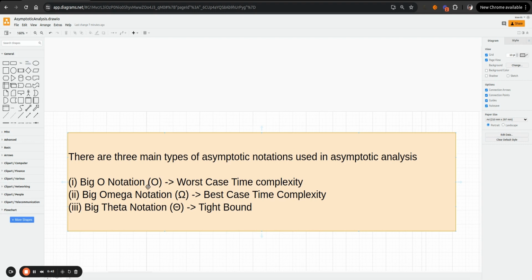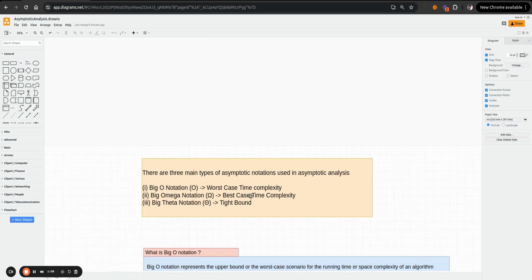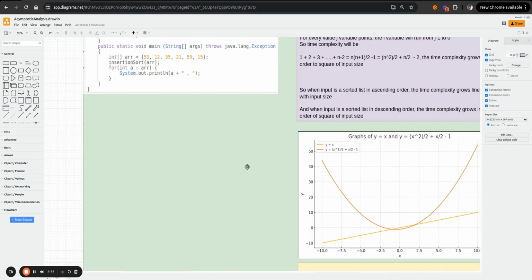One is big O notation, which refers to worst case time complexity, and there is big omega notation, which refers to the best case time complexity of an algorithm, and there is big theta notation, which is the average case time complexity for an algorithm. In this video, we'll be talking about big omega notation, which refers to best case time complexity of an algorithm. So let us start.